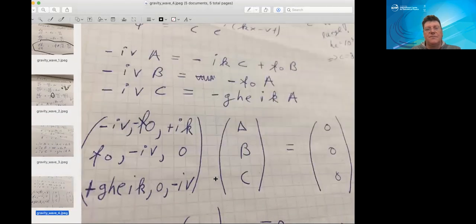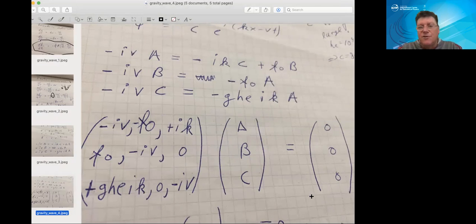Now we can write this in a matrix form. If we identify our A, B, C as a vector, we can write this as a matrix applied to the vector of amplitudes A, B, C equals 0.